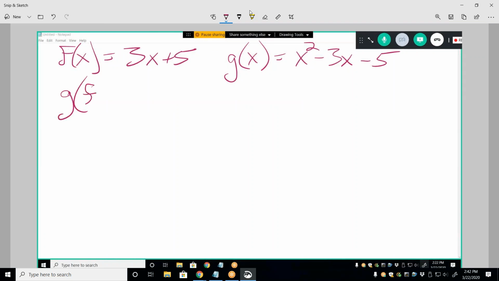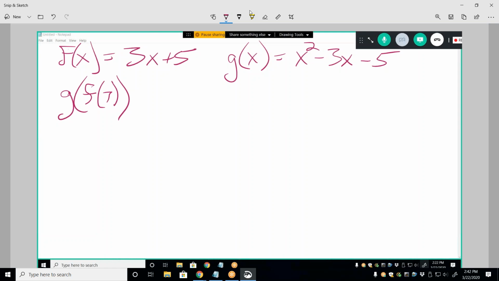The way we want to pronounce this is g of f of 7, right? The parentheses mean of, so it's g of f of 7.